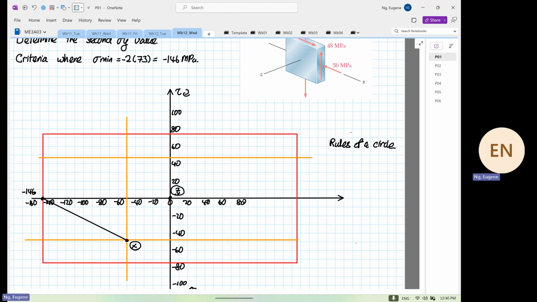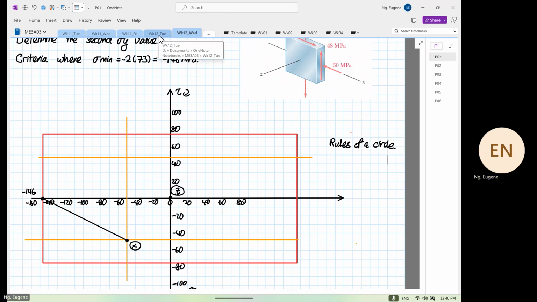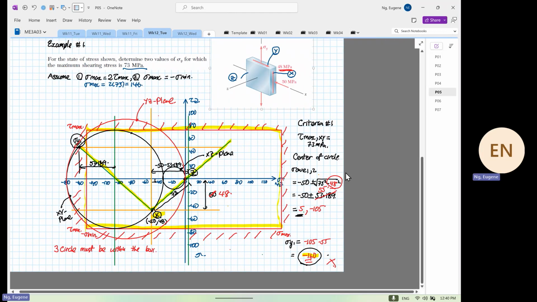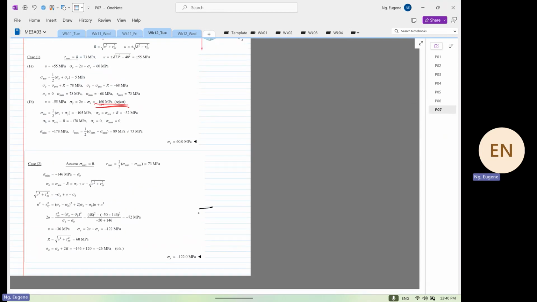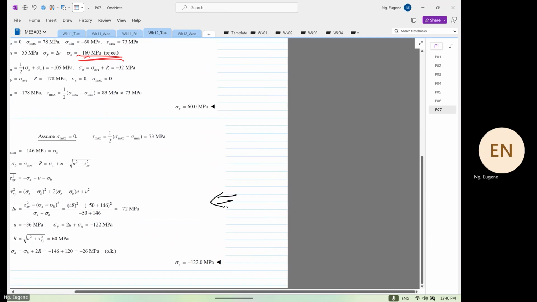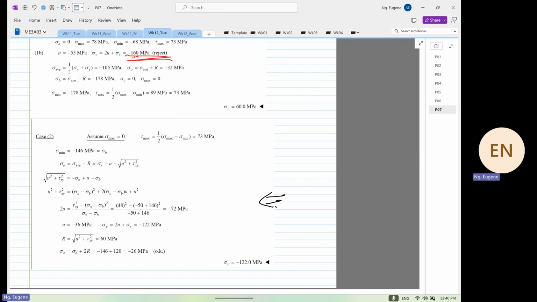If you don't apply the rules of the circle, what will happen is you are going to formulate a set of equations like this.